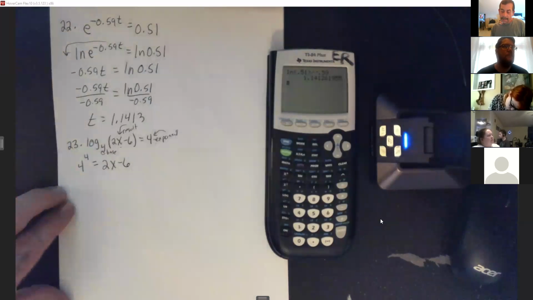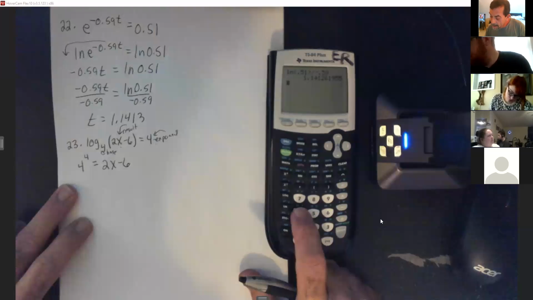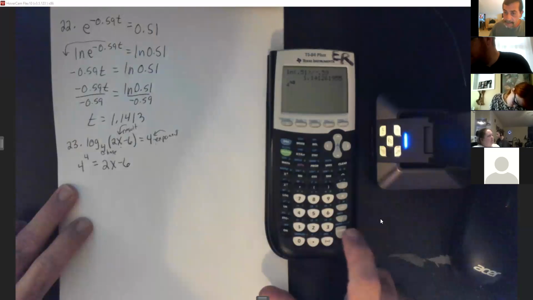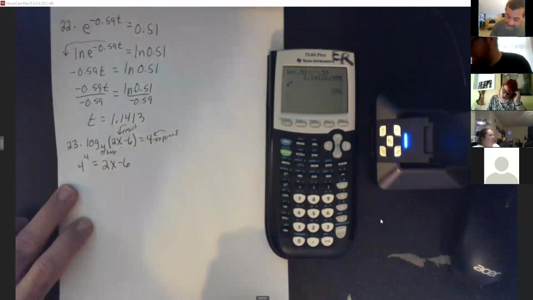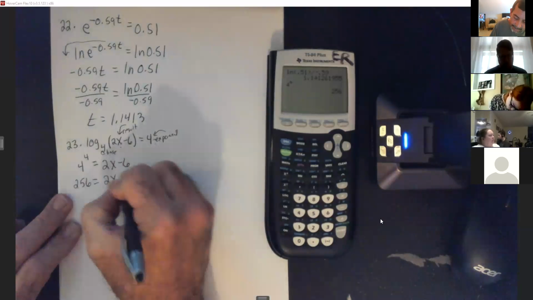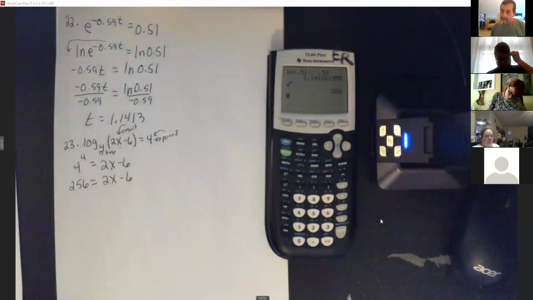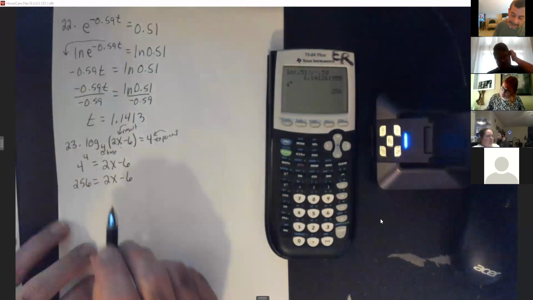Now, to solve this, I'm going to figure out what 4 to the 4th power is. So 4 exponent 4 is going to give you 256 equals my 2x minus 6. All right, so now just solve this for the x. So I'm going to add 6 to both sides.